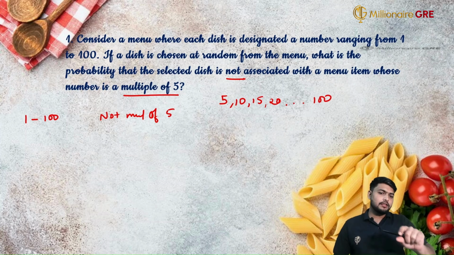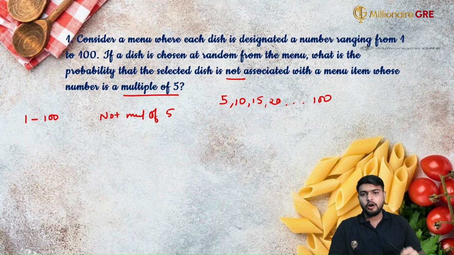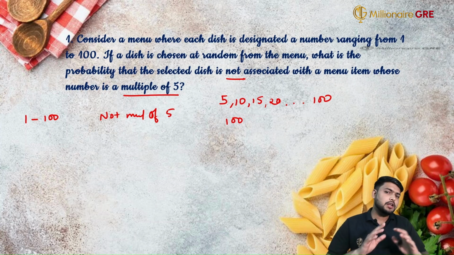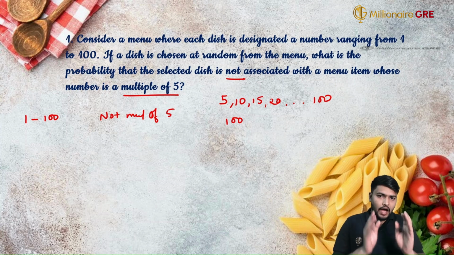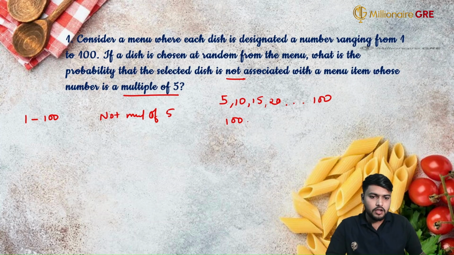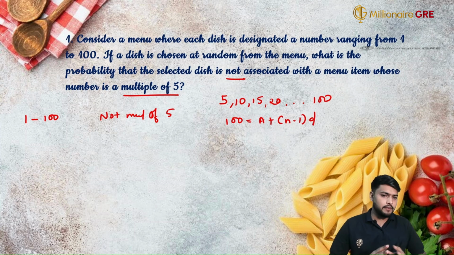Now you see, this series is an arithmetic progression. This is an AP. How do you find the number of terms in an AP? To find the number of terms in an AP, you equate the last term of the sequence with A plus n minus 1 times D, where A is the first term, n is the total terms in the sequence, and D is the constant difference.